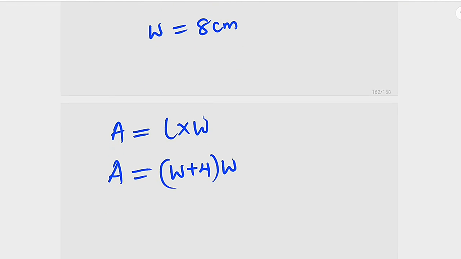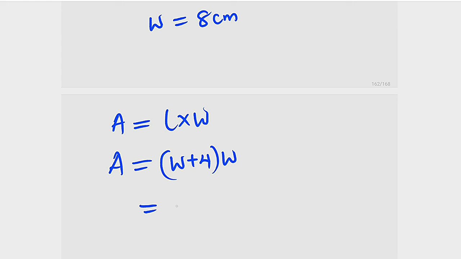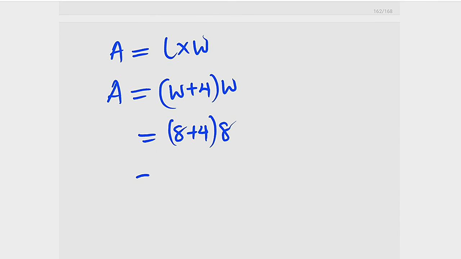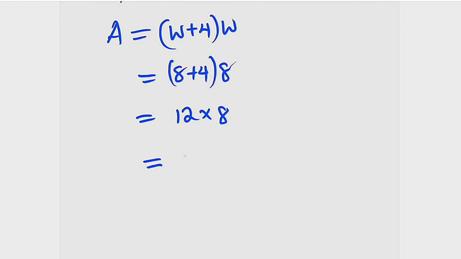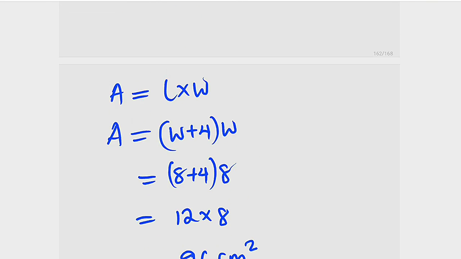We have just obtained that, so let's plug it in. This is equal to 8 plus 4 multiplied by 8. And this is equal to 8 plus 4 is 12, then multiplied by 8. This is equal to 96 centimeter squared. And this is the area of that rectangle.